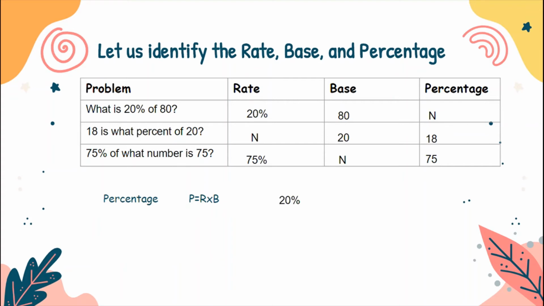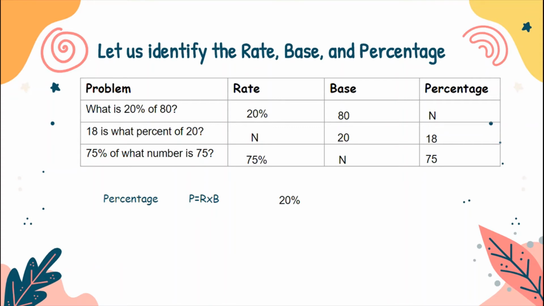By the way, before anything else, our rate here is 20%, right? We cannot put 20% in our formula since it is in percent. So we really need to change this first into decimal. Always remember that percent means per 100, or over 100.